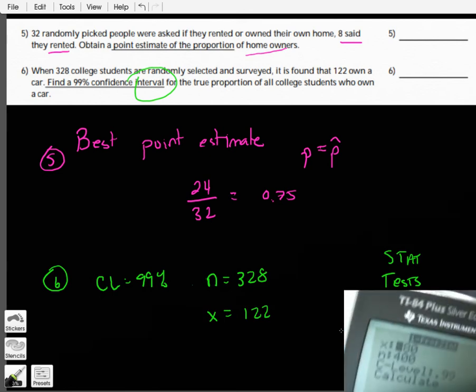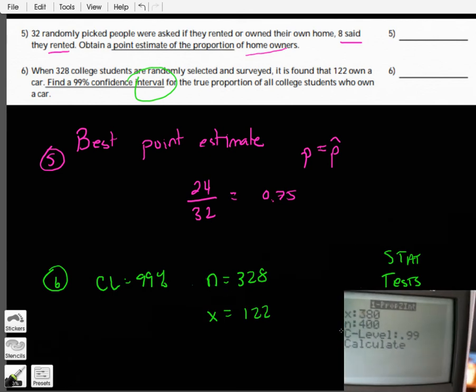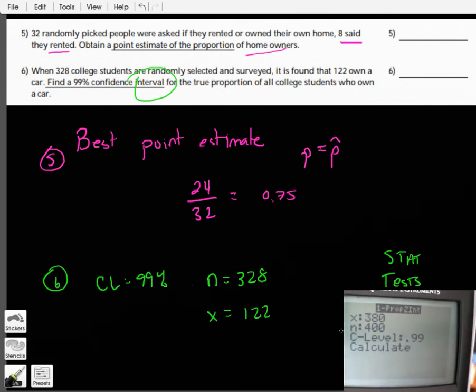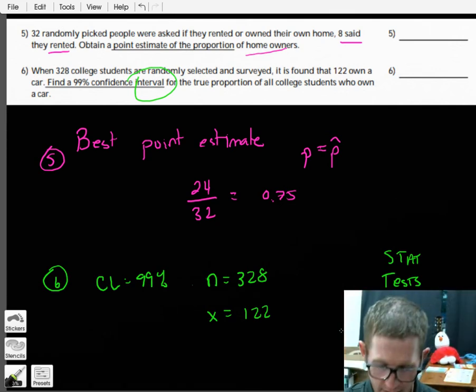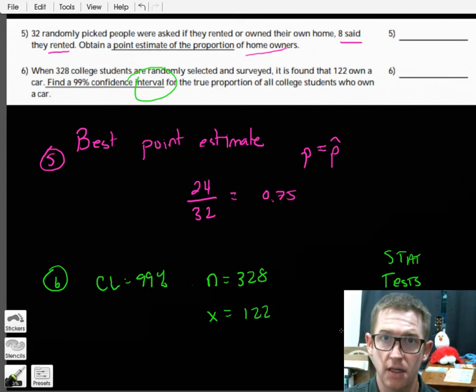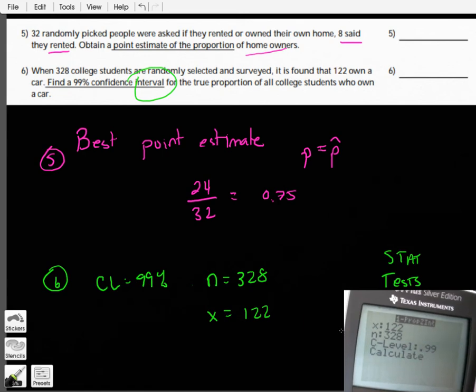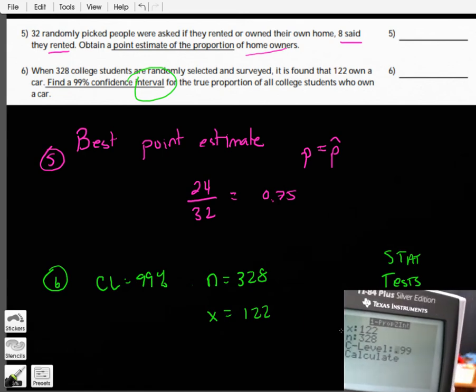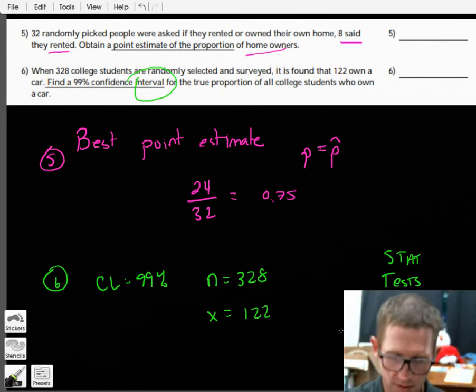So you put in your x value, your n value, and your confidence level value. My x is 122. My n value is 328. And the confidence level is 0.99. Okay, so 122, 328, 0.99 for C level.